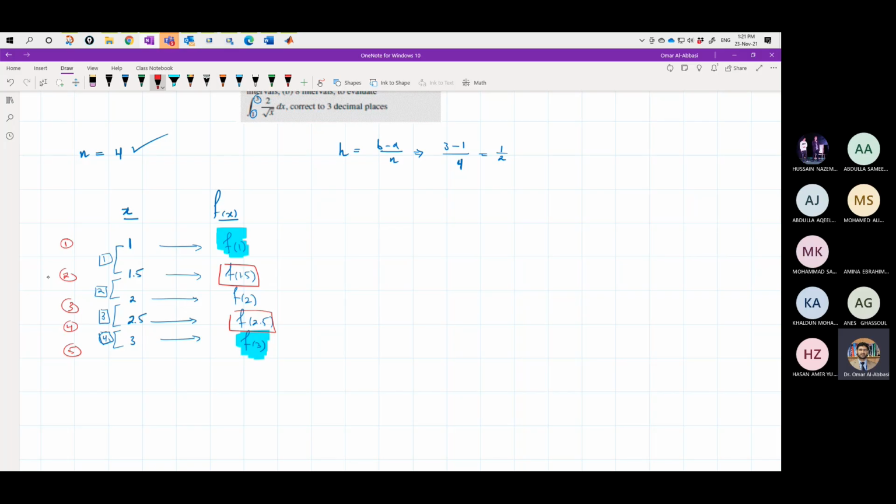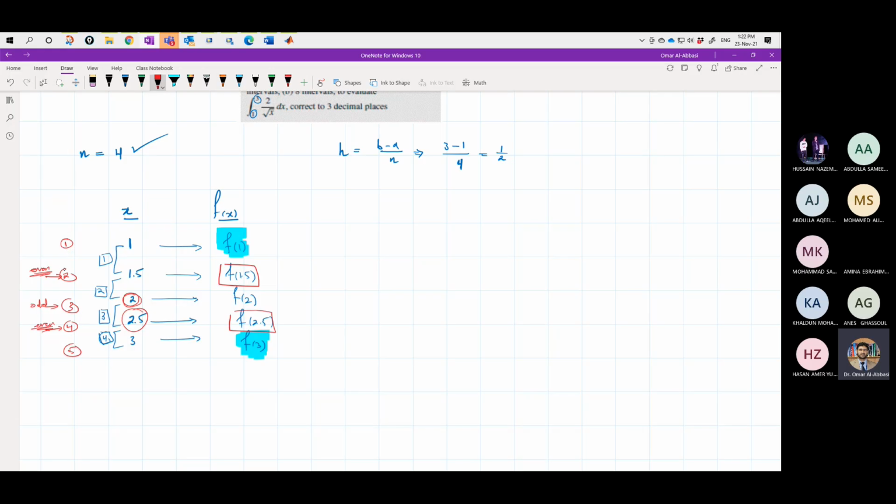At 1.5, this point, is it even or odd? Even point, right? That point, 2.5, it is an even point, correct? And point number 3, 2, is an odd point, isn't it? Guys, we are not looking at the value of the number.